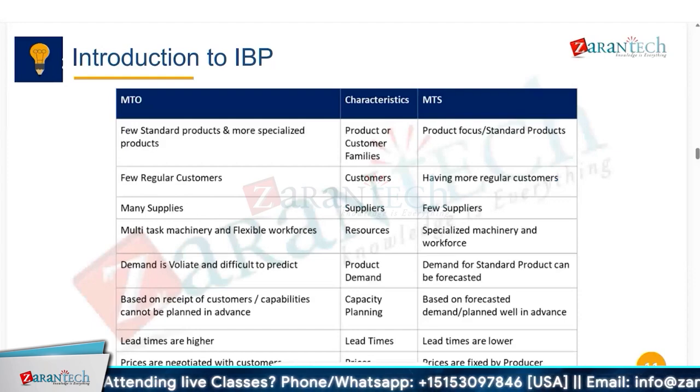With respect to the customers, of course, MTO would have a few specialized customers who require very special products, for which they may offer you higher prices, because these are not off-the-shelf products. Similarly, MTS is more regular products, so normally the prices are determined by the markets, not by the manufacturer, because there are a lot of competitors in the market, because of which you get this product at a competitive price.